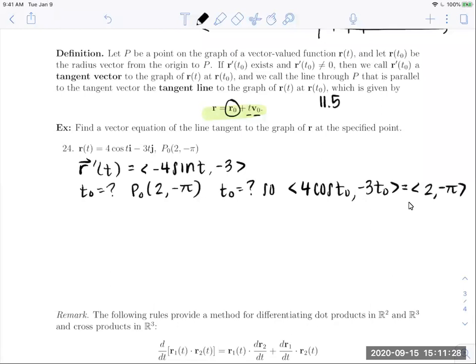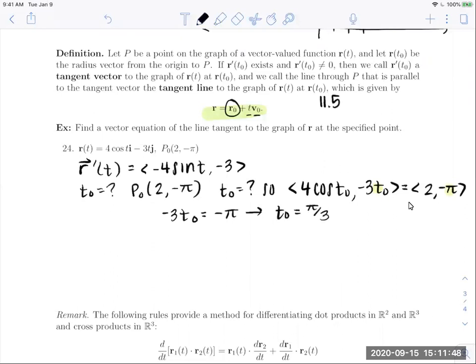So you have two equations with only one unknown. Pick your favorite equation to work with. I'll work with the y component functions. And so what I have is negative 3 t naught equals negative pi. And if I solve for t naught, I see that t naught equals pi over 3.